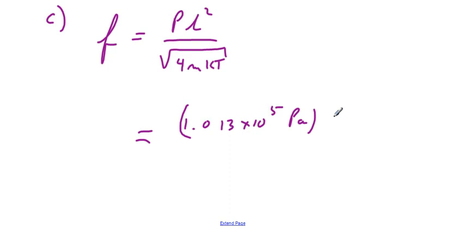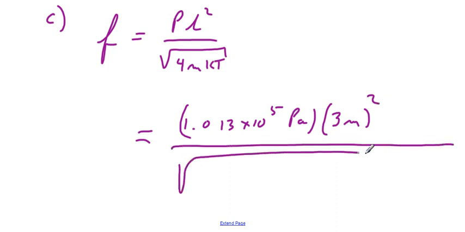And then I've got 3 meters squared for my length, and then I want the square root of 4. Now we need the mass of the molecules in the room.